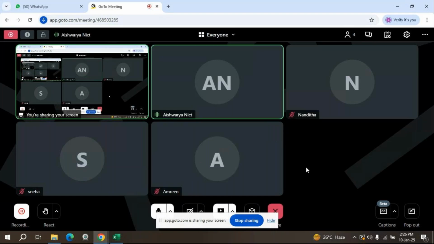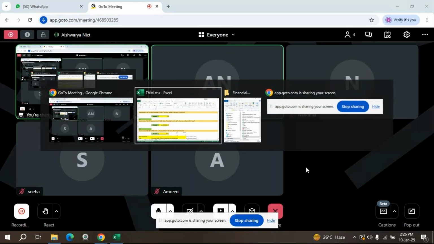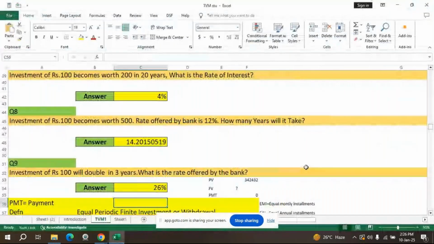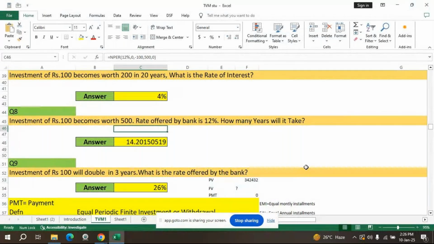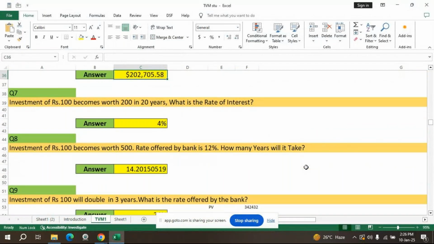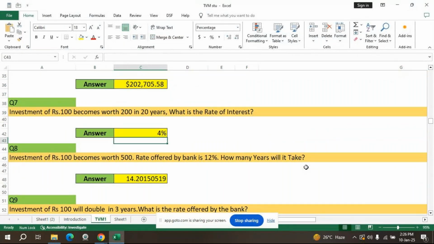Done? Any doubts in these things? Then the next question is the eighth question. An investment of rupees 100 becomes worth 500.